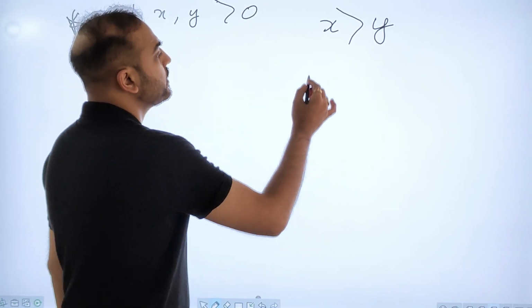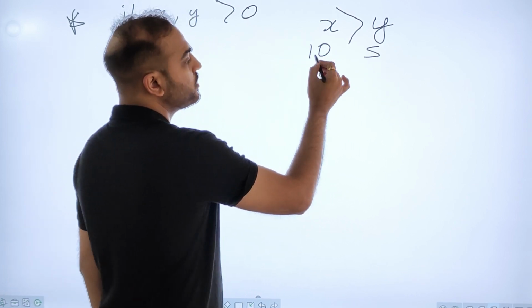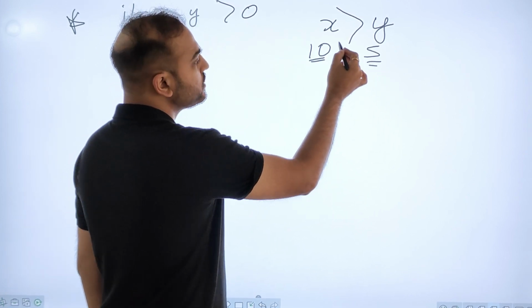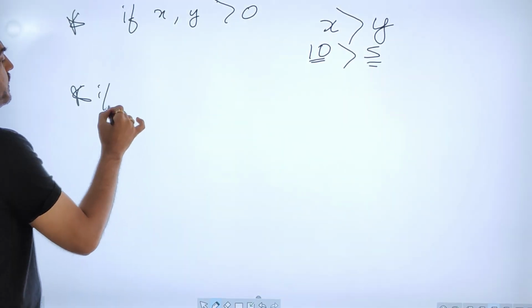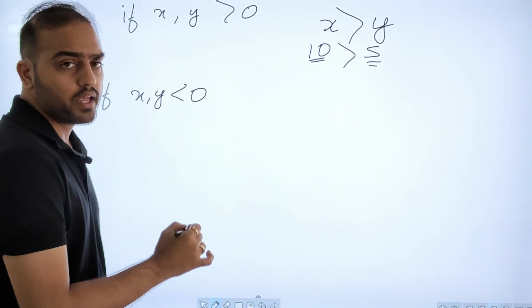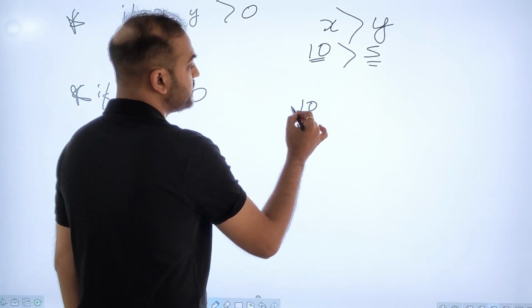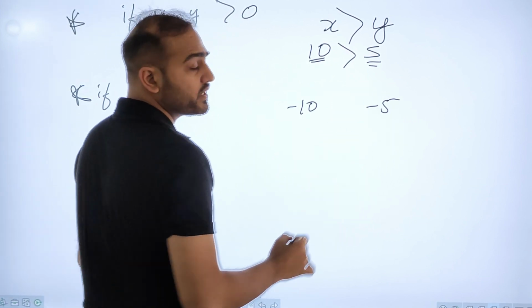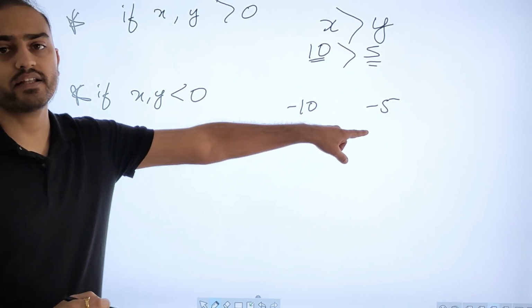What does that mean? If say x is 10, y is 5, the greater the absolute value, the greater the number. But on the contrary, if x and y are negative, and again the value of x is minus 10, value of y is minus 5, we don't say minus 10 is greater than minus 5.